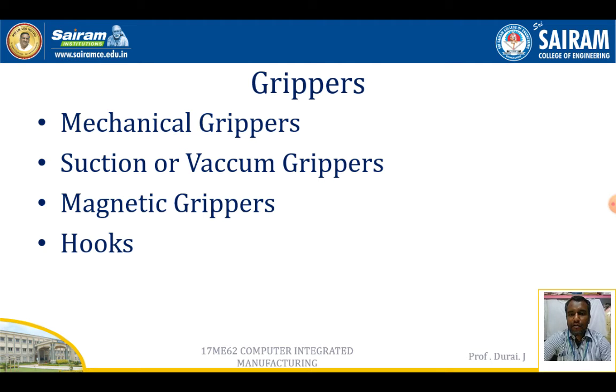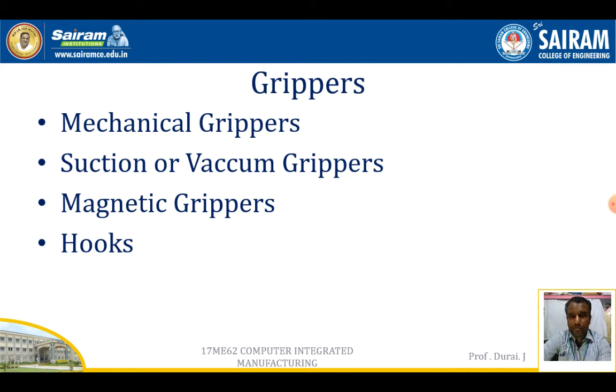Then vacuum grippers. These grippers are operated by vacuum pumps and used for handling light and flat parts. And magnetic grippers are used for handling ferrous material, which gets attracted by the magnet. And hooks are used to lift the parts and move them.